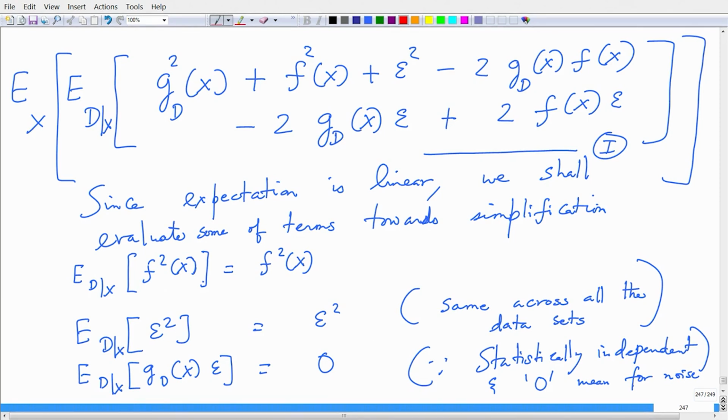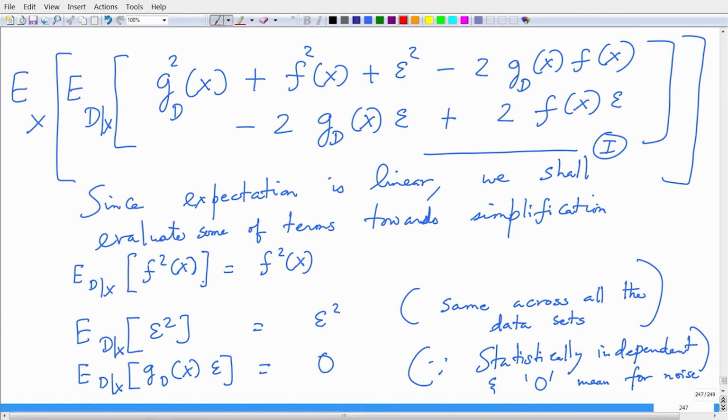Now expectation is linear, so we will evaluate some of these terms towards simplification. When you take the expectation over D given x of f square x, that gives me f square x because it depends on x, and the expectation over D given x of epsilon square is epsilon square because it is the same across all the data sets, the noise is the same.